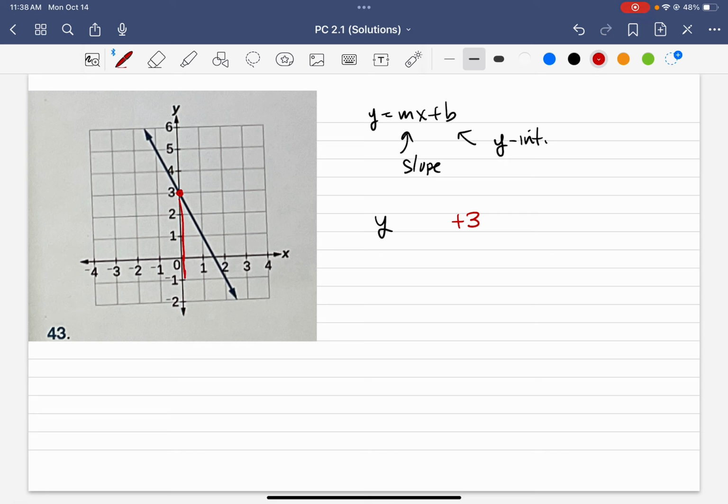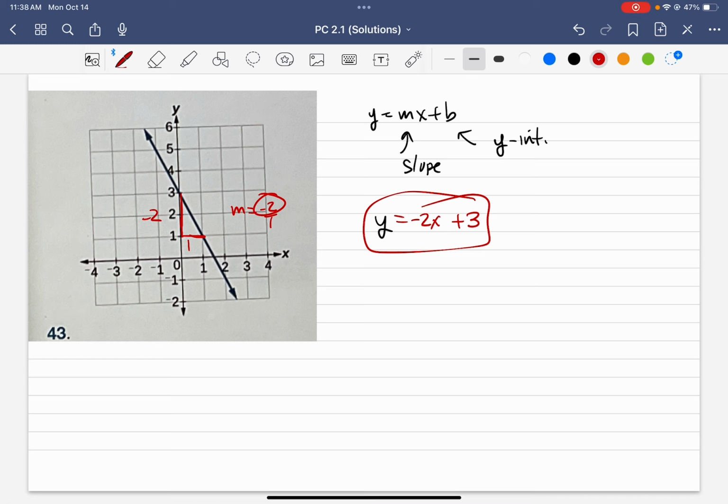So how about I go down 4 for every run of 2. So my slope is -4 over 2 or -2, right? Another way I could have done that, if I looked a little more carefully, is you go down 2 and run 1. So my slope is -2 over 1 or -2. So this is -2x plus 3, and that is the equation of the line.